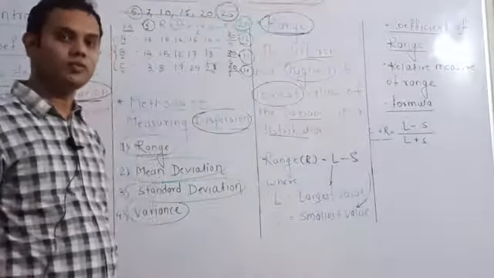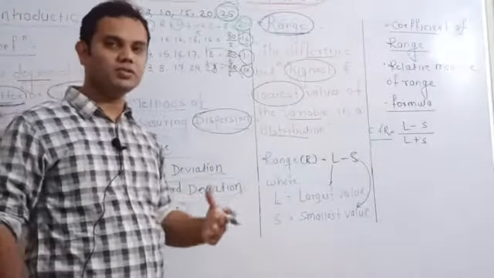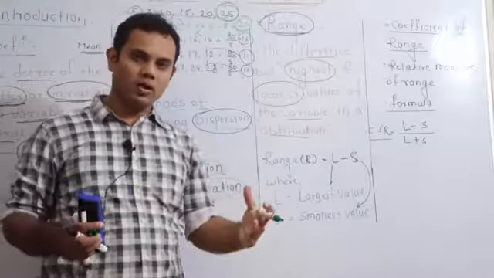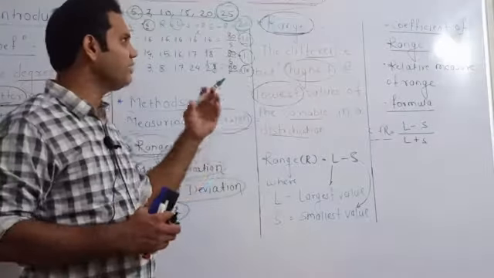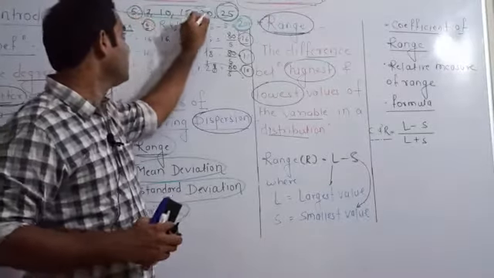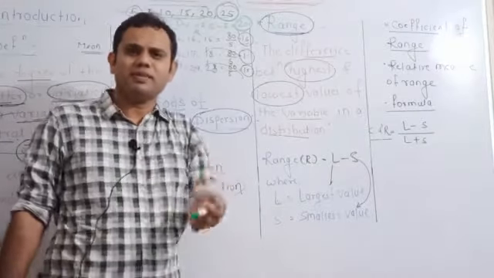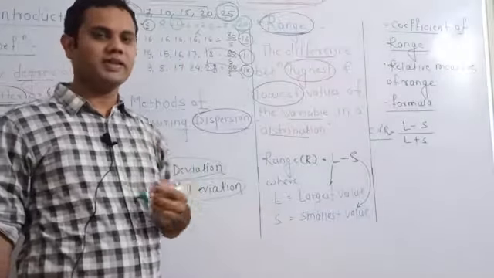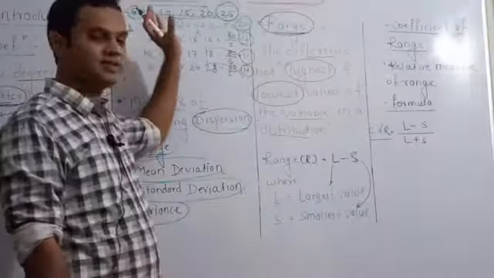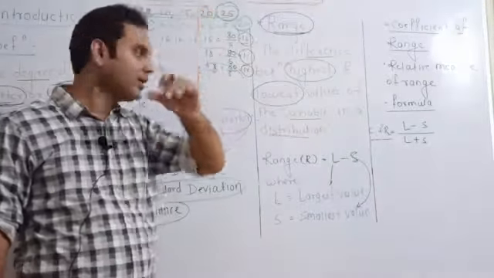It is giving you how the data is spread overall. Even though it doesn't take into consideration the intermediate values, therefore it is a very preliminary method of measuring dispersion. It is not that sophisticated a method.